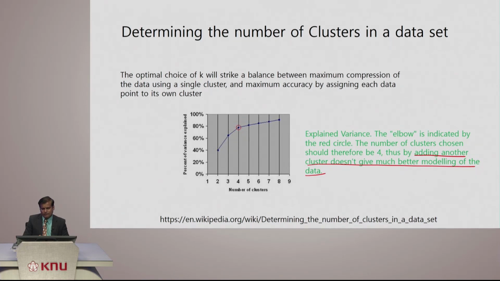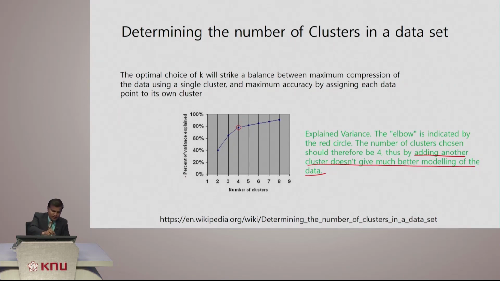We know that one of the downsides is choosing the number of clusters. One way to overcome it is by means of this elbow graph. It shows us that 4 is the optimal cluster for this particular data set. We are trying to calculate the variance, right?